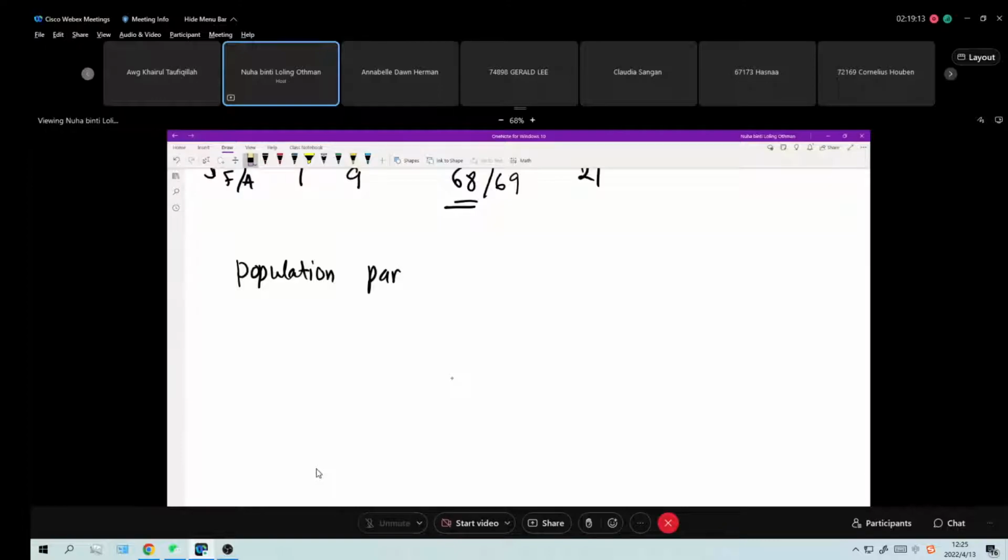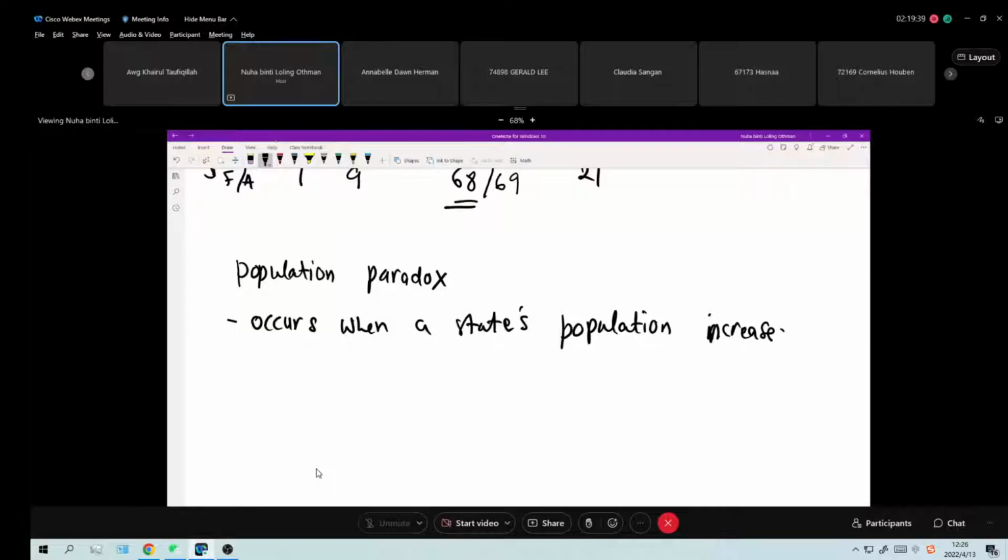The population paradox occurs when a state's population increases, but its allocated number of seats decreases.